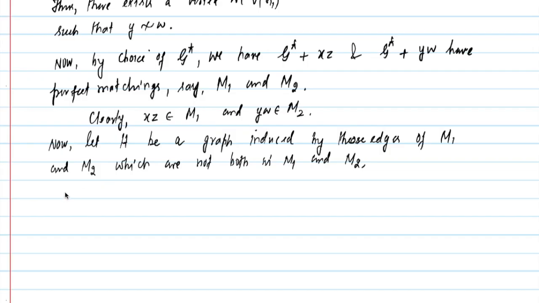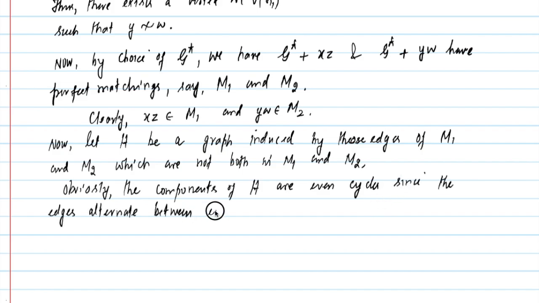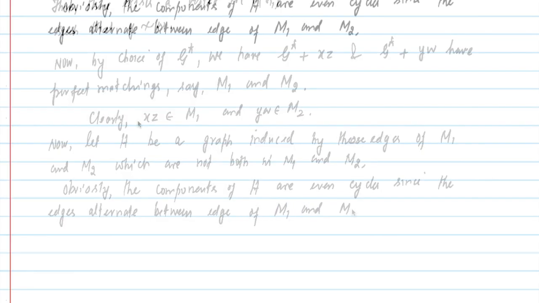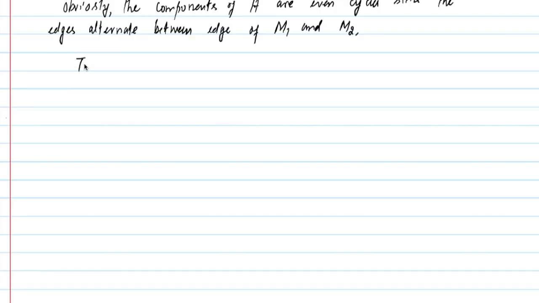Now obviously the components of H must be even cycles, since the edges alternate between edges of M1 and M2. Now two cases arise here.